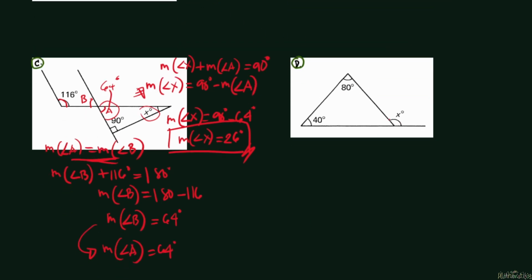Again, the sum of the angles of a triangle is equal to 180 degrees. Say this is our angle A. So the measure of angle A plus 40 degrees plus 80 degrees is equal to 180 degrees.